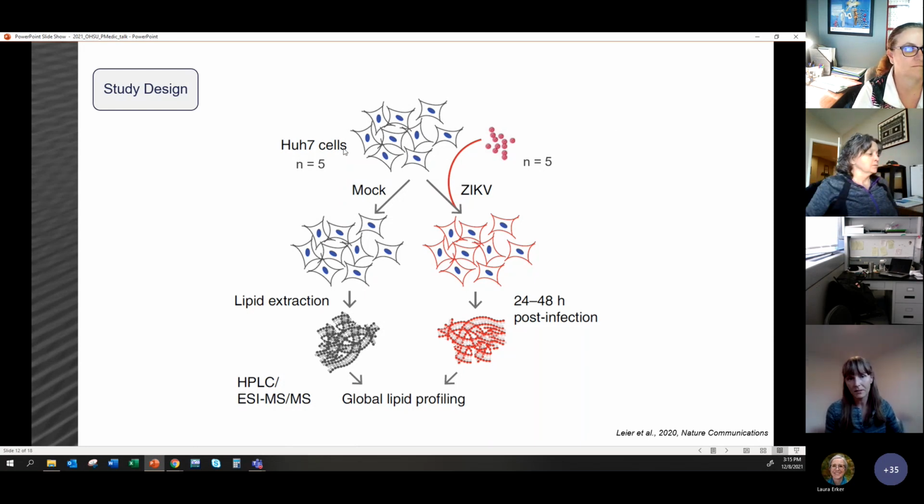So we did these Huh cells. We also did some neural cells, mock and infected. We extracted the lipids at 2 different time points, 24 hours post-infection and 48 hours post-infection, and then we did our global profiling. So that's the general study design and workflow, but let me take a couple steps back to show you exactly what we did.